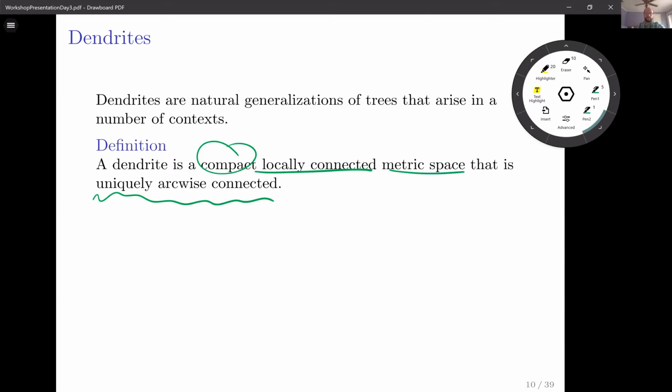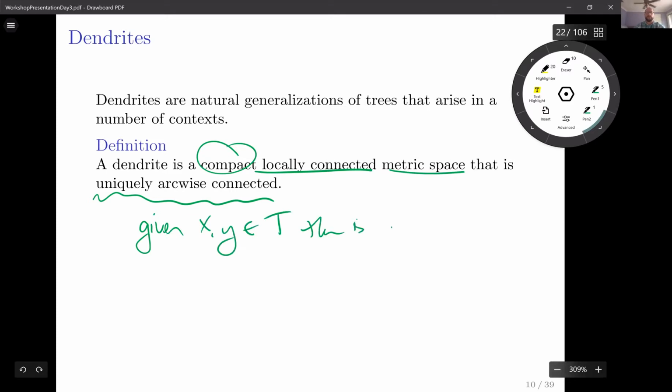And if we think about trees, this is exactly what trees are. Trees have the property that given any 2 points, given X and Y in a tree, there is a unique arc with endpoints X and Y.